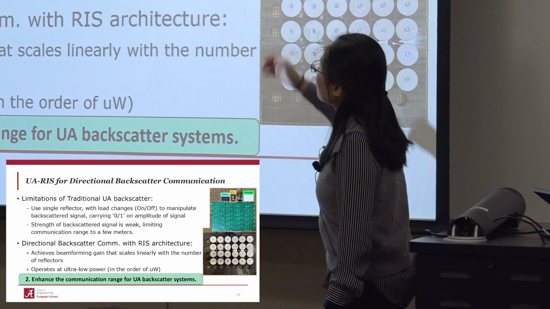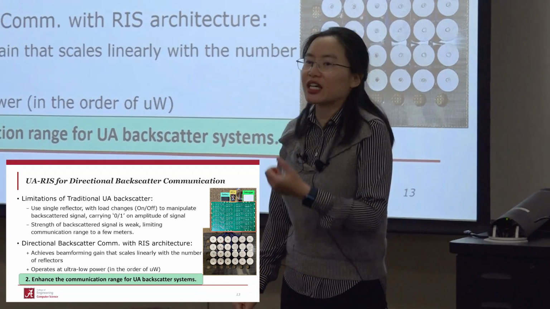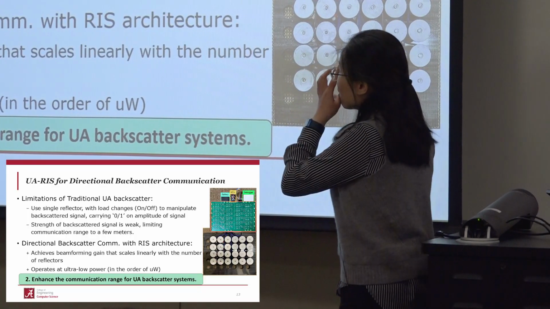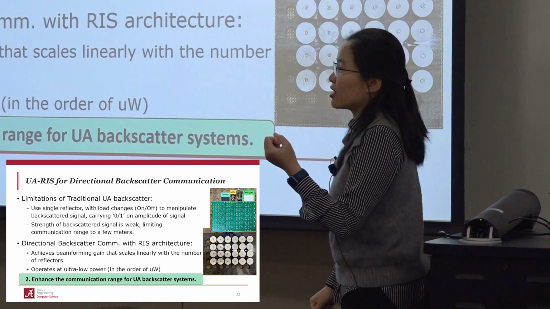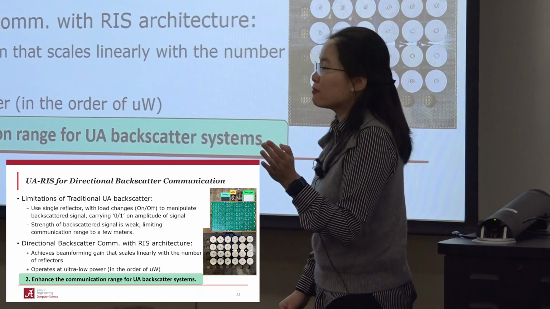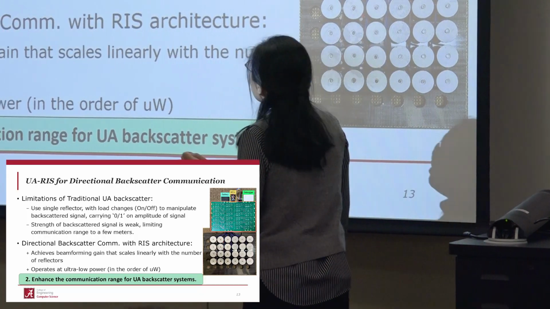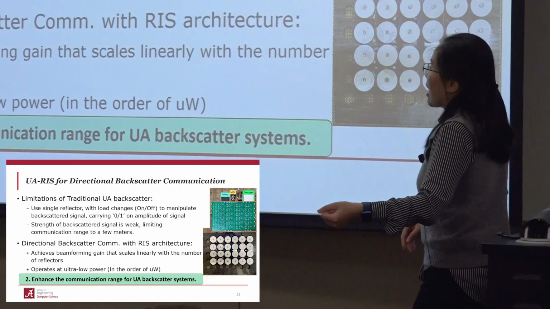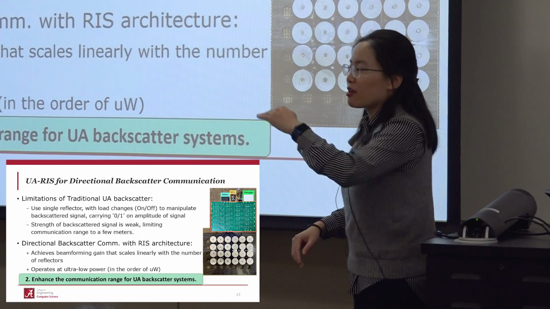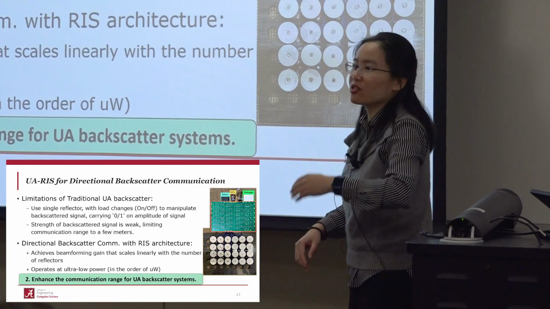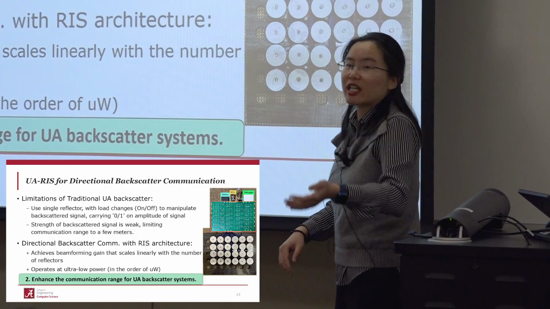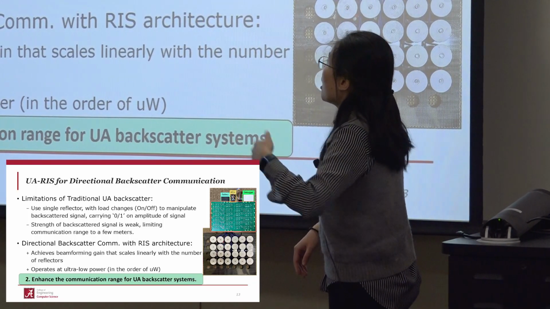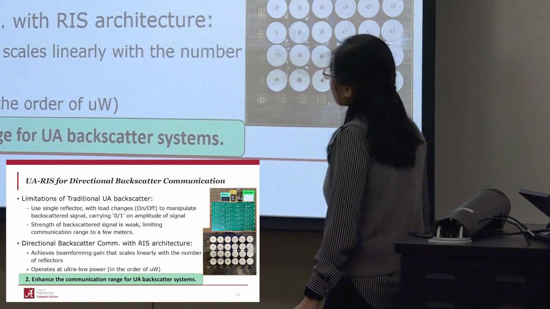So traditional backscatter communication just uses a single reflector. By changing the load of the reflector, basically using a switch on and off, we can manipulate the backscattered or reflected signal, and this signal strength variation will carry 0 and 1 bits, so that we can send 0, 1 bits to the receiver.